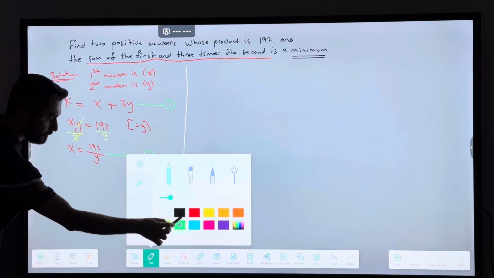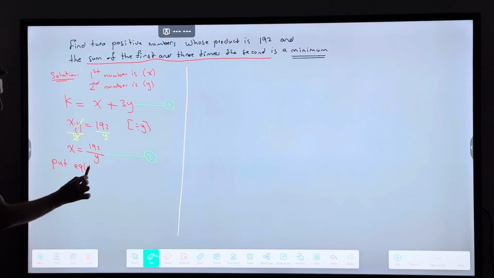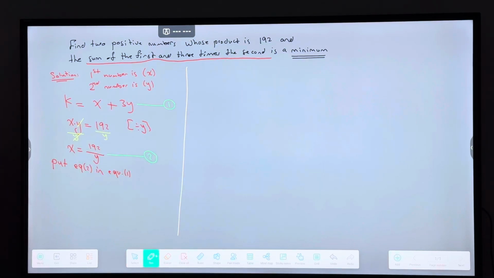Now we put equation 2, which is secondary, in equation 1, which is primary. So we replace x by 192 over y. So k equals 192 over y plus 3y. Now in this new equation, we have only one variable, y, so we can take the derivative.